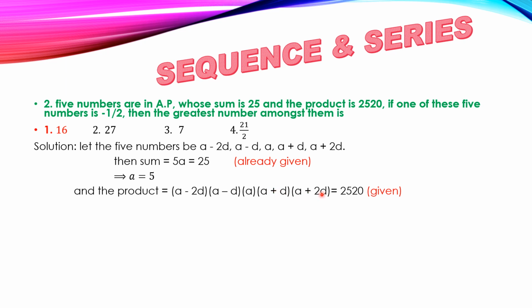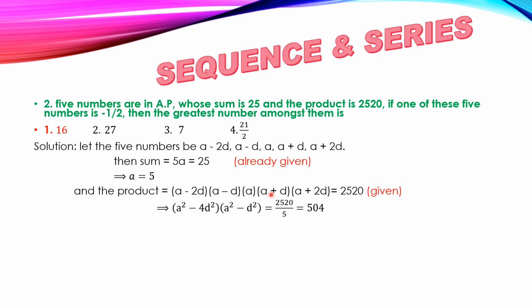Here we observe that the first term and fifth term give (a - 2d)(a + 2d), which is written as a^2 - 4d^2. And similarly second and fourth, (a - d)(a + d), is written as a^2 - d^2. Here a is already known, only 5.